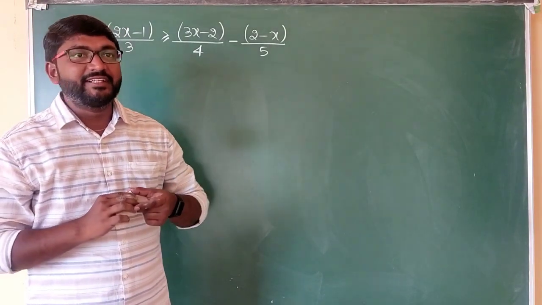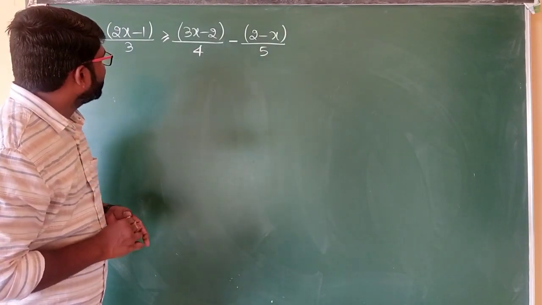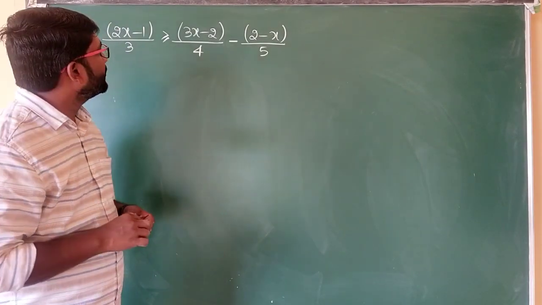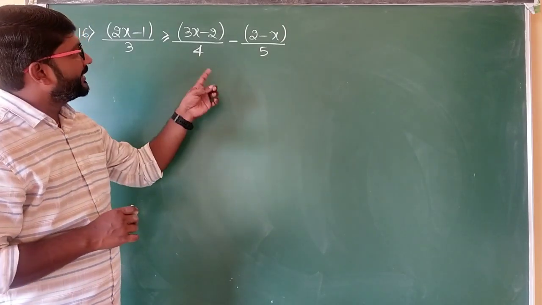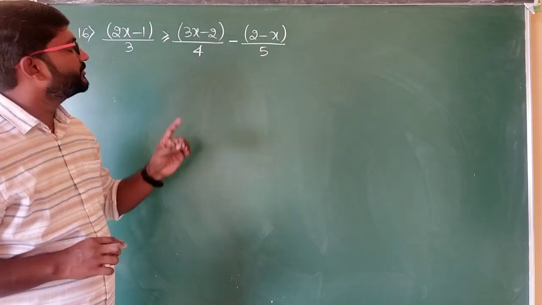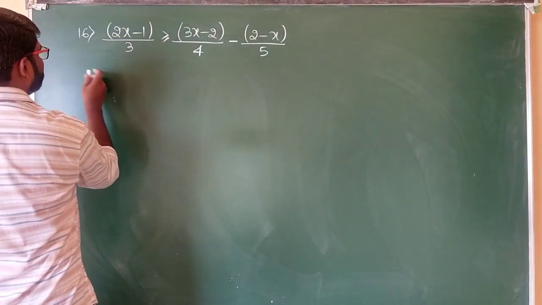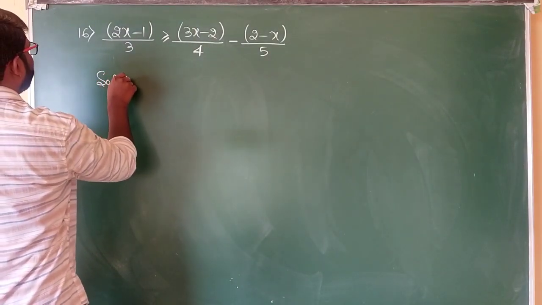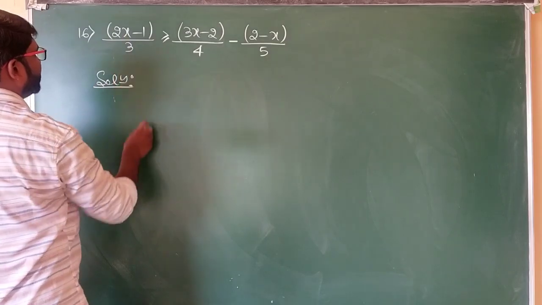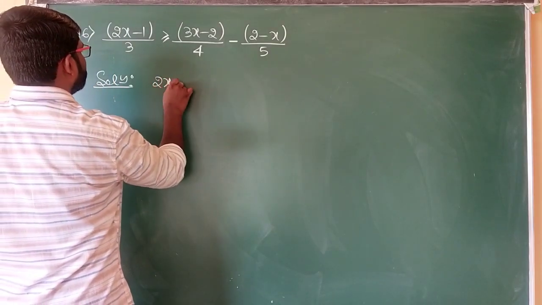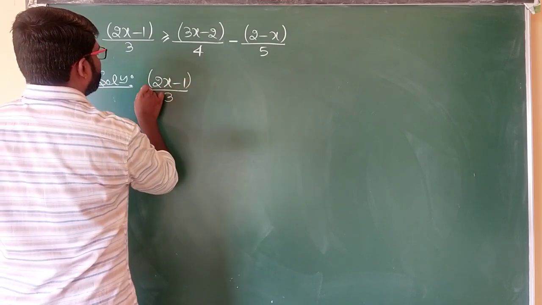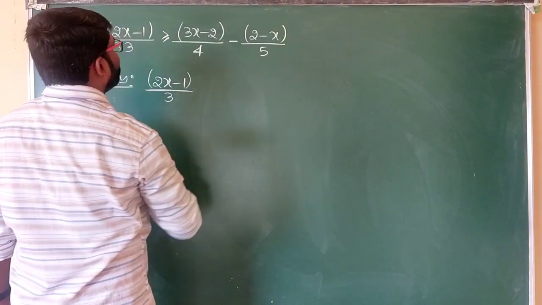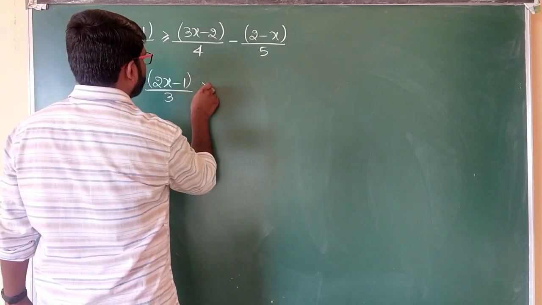Well, question number 16: (2x − 1)/3 ≥ (3x − 2)/4 − (2 − x)/5. Let us go ahead with the solution. I will be writing the first term as it is, (2x − 1)/3. Then on the right side we will be taking the LCM.